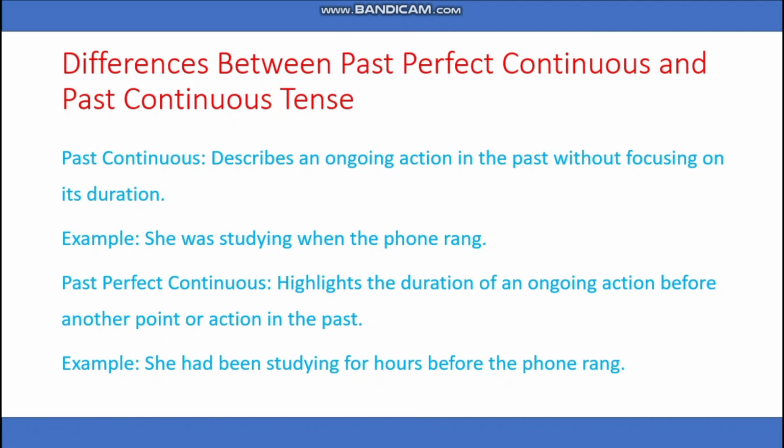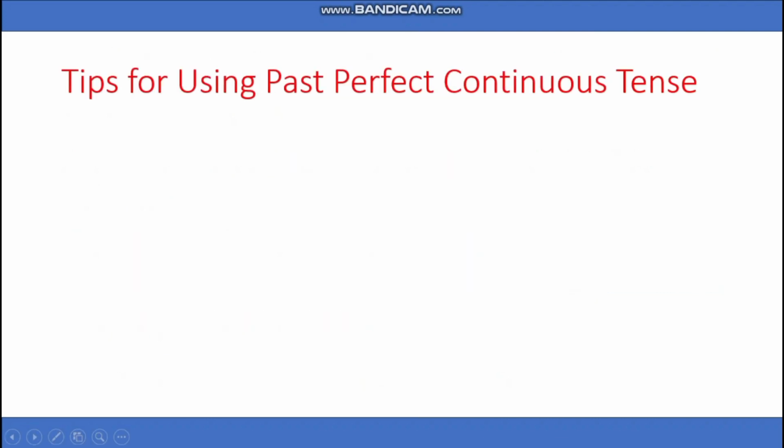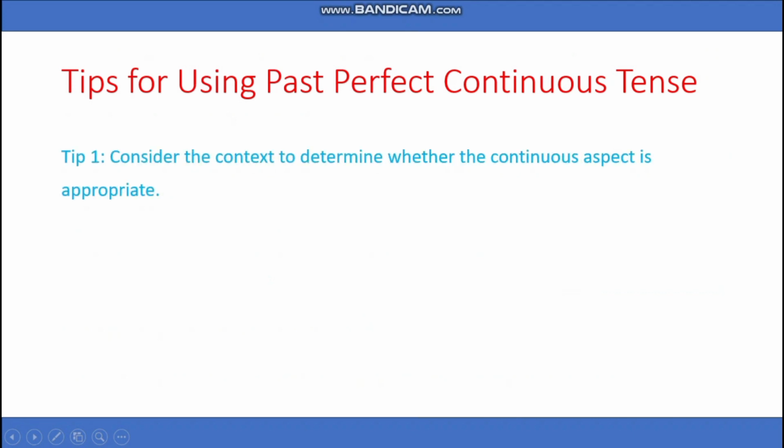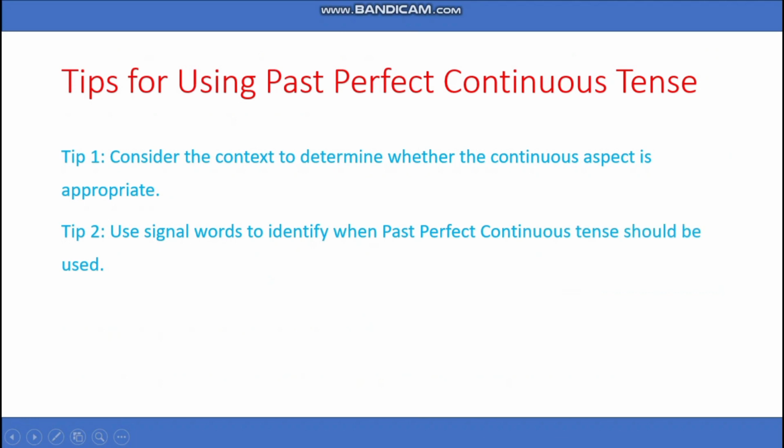In this way, we use it. Now, tips for using the past perfect continuous tense. Tip 1: consider the context to determine whether the continuous aspect is appropriate. Second, use signal words to identify when the past perfect continuous tense should be used.